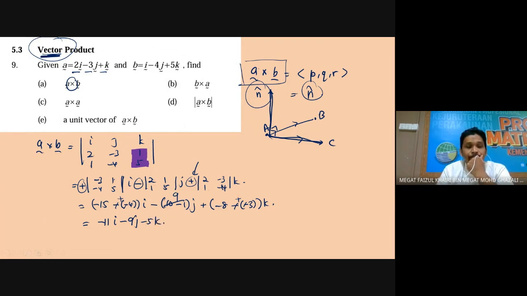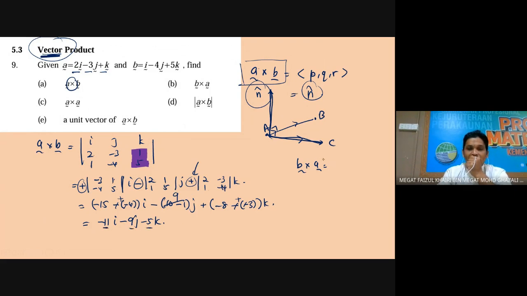Okay, so class, if I make some adjustment, let's make now B cross A. What will we get then? A cross B equal to negative 11, negative 9, negative 5. Or B cross A, what is going to happen then? You will get exactly the same as this.